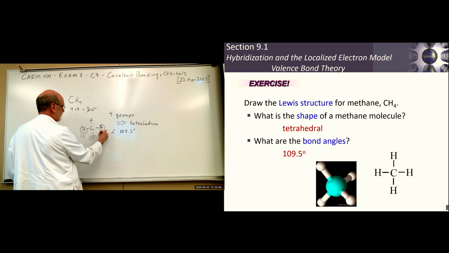You can't get the known structure for methane from an overlap of these valence orbitals and these 1s orbitals from hydrogen. It just doesn't happen that way. So there's a problem with the theory. So what do we do when we have a problem with a theory?